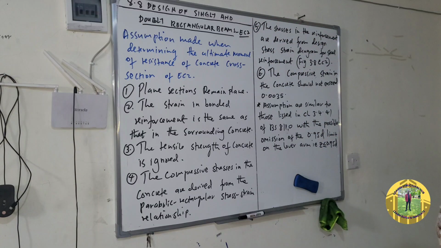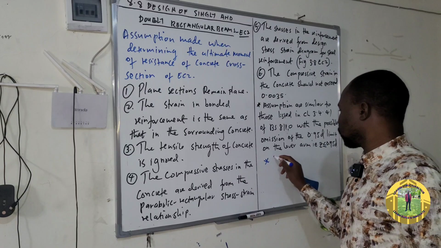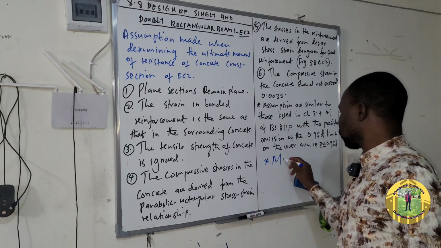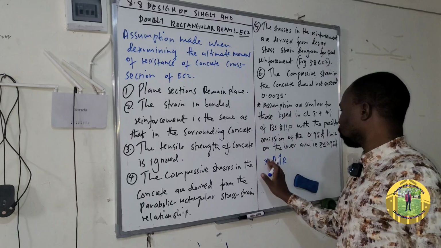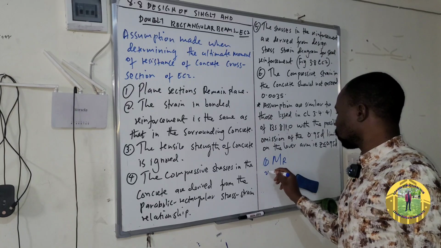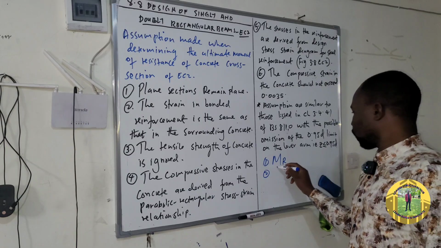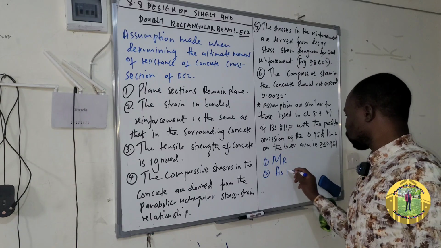To be specific, you will know how to derive an expression for moment resistance, MR. This is #1. Then #2, you will know how to derive an expression for area of steel in tension.